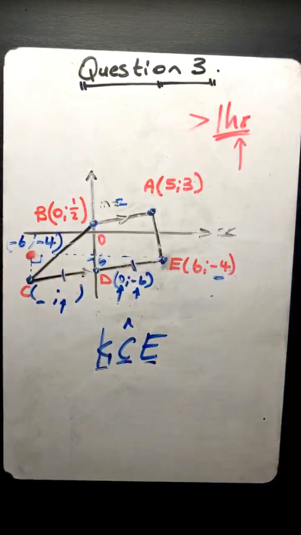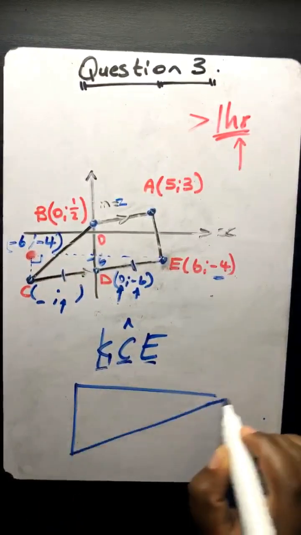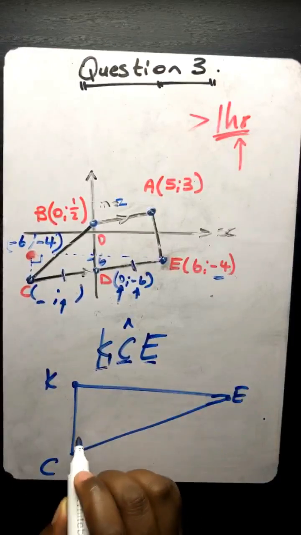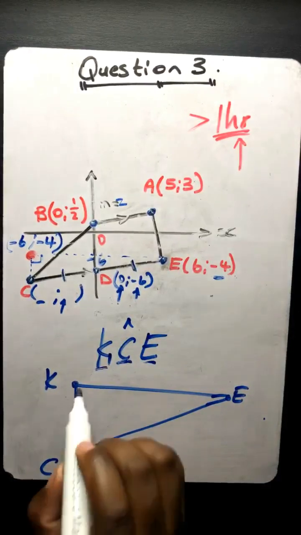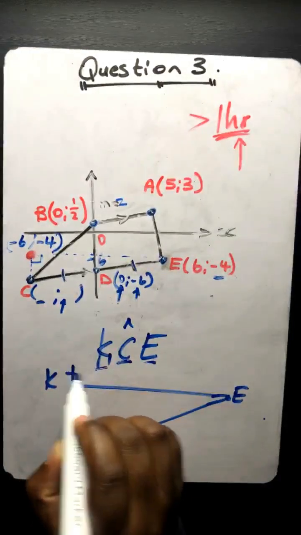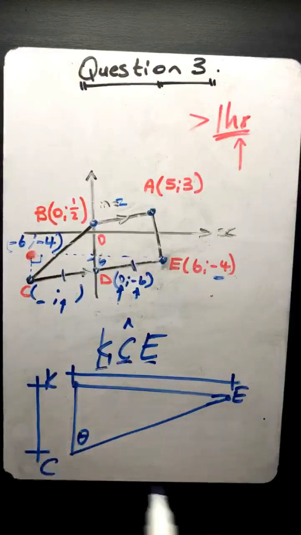So I'm not sure if you guys realize this is what we are having. We're having point E, point K, and then point C, and this is the angle they want you to calculate. For me, I would try to find either that distance and also that distance.